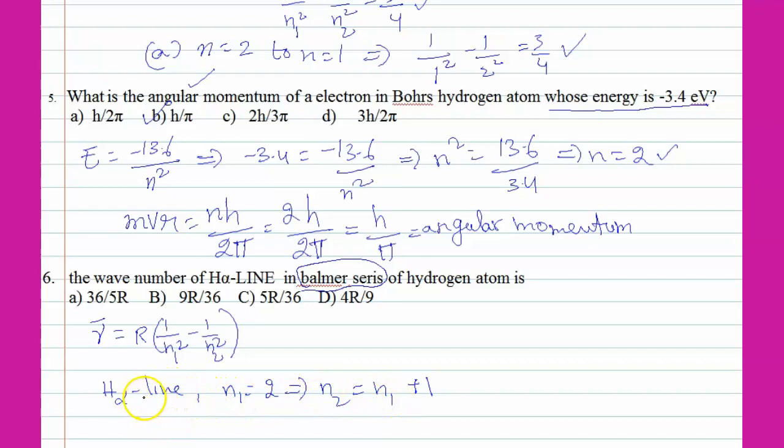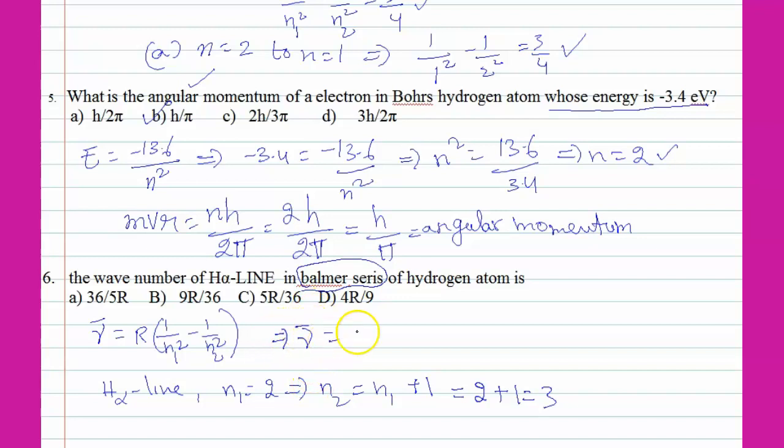Already I said students, alpha means n1 plus 1, beta means n1 plus 2, gamma means n1 plus 3. So here they already gave the n1 value, Balmer series means 2. So n1 is 2, and plus 1, 2 plus 1, 3. Then you can substitute these values here students.